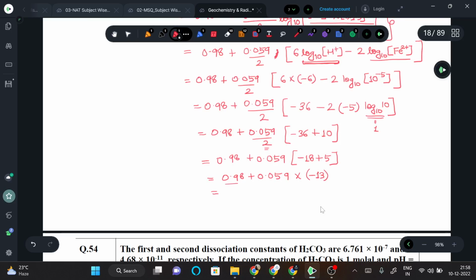Just quickly calculate this, please. This is EH that we are calculating. Okay, so this is coming out to be 0.213.